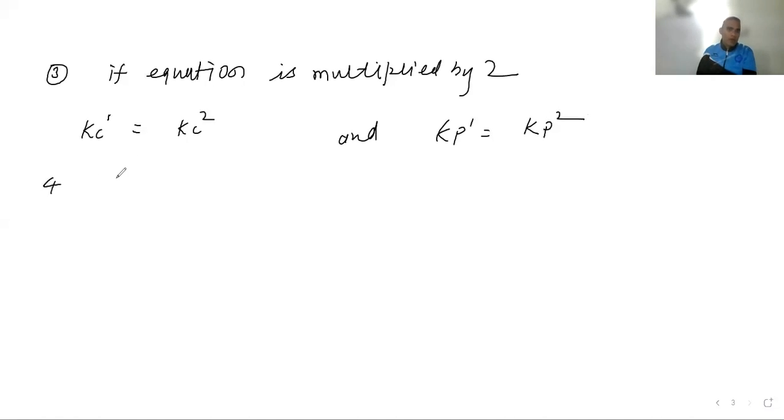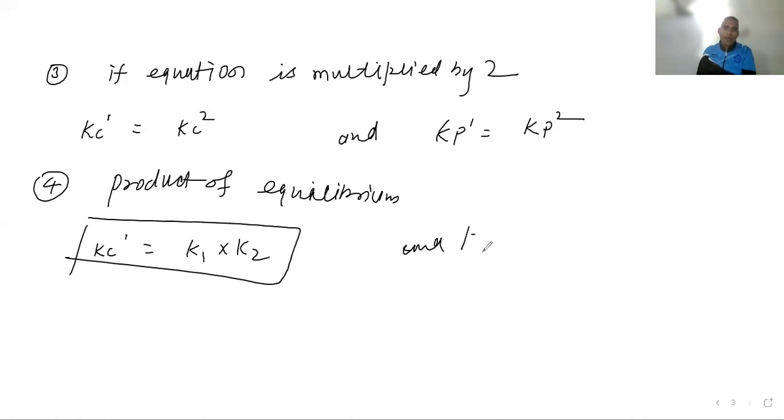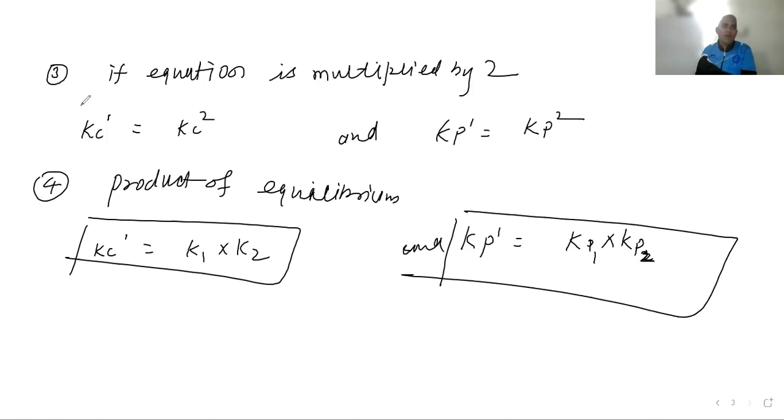Last one: product of equilibrium. If anyone is asking for the product of equilibria, then Kc dash is equal to K1 into K2, and Kp dash is equal to Kp1 into Kp2. These are the formulas. We need to memorize this.